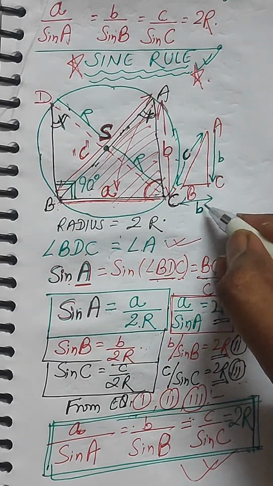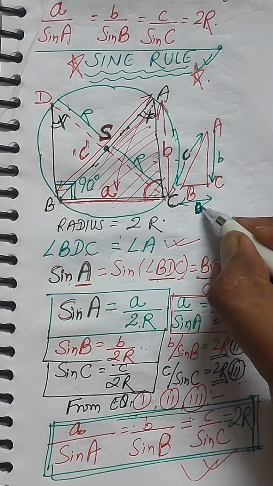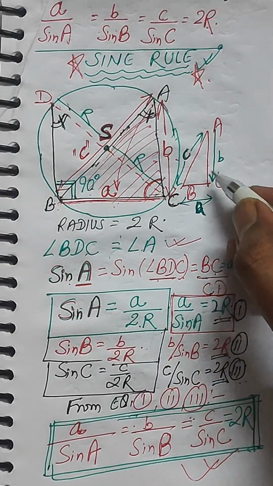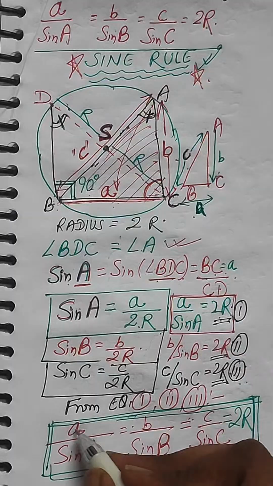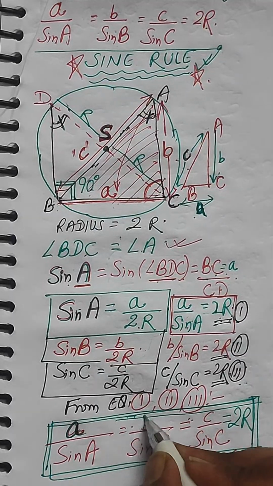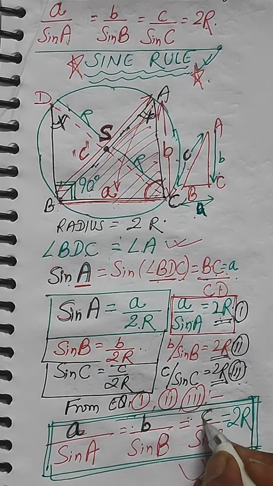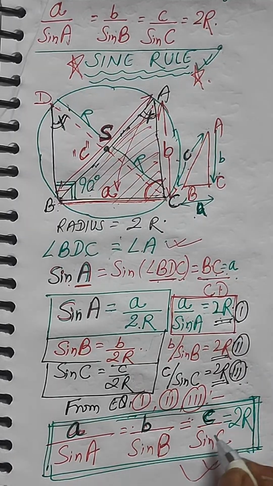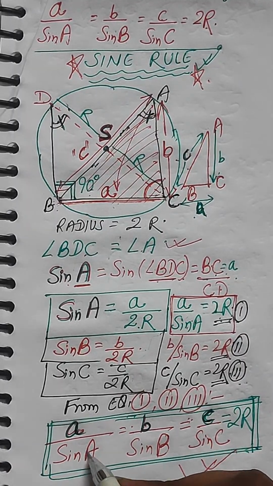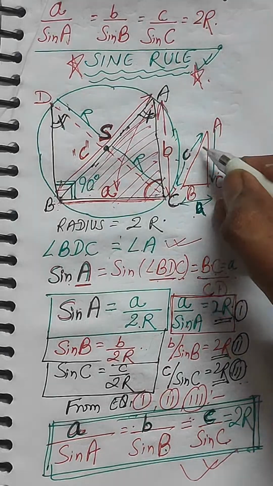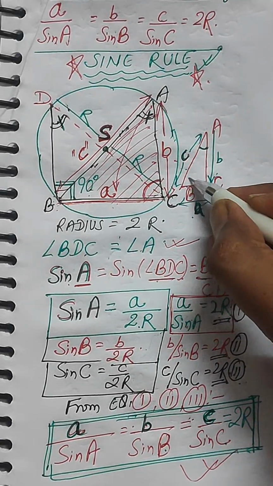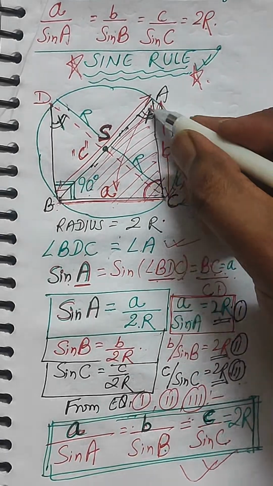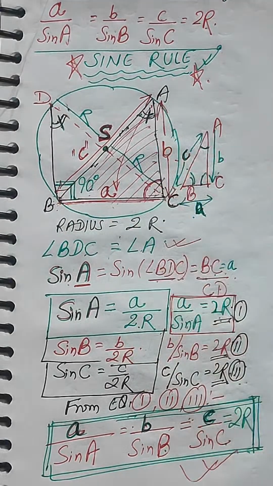Sorry, opposite to A is a, not b, sorry for that. So a, b, c are the small ones, and these are the capitals A, B, C, the three angles A, B and C. Similarly, this is presented over here, right?